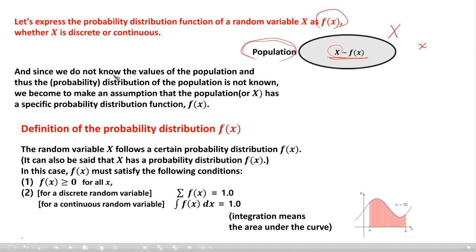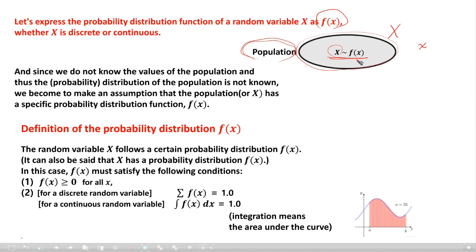Since we do not know the value of the population, we do not know all the data of a population. So the distribution is not known too. We don't know the data in population, so we do not know the probability distribution.